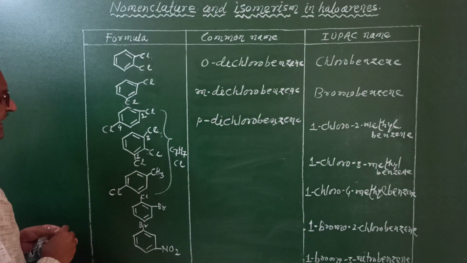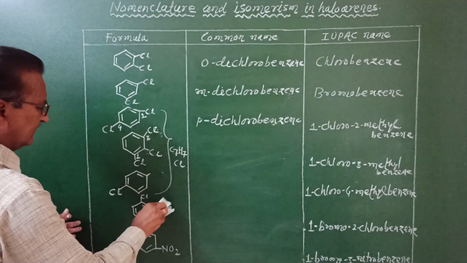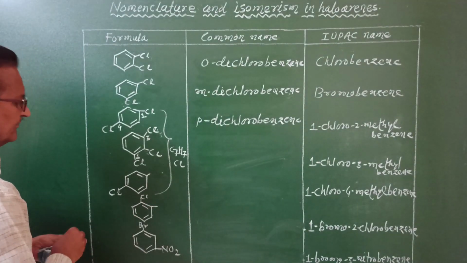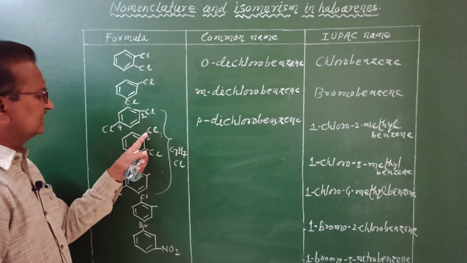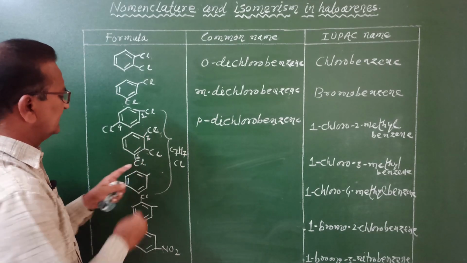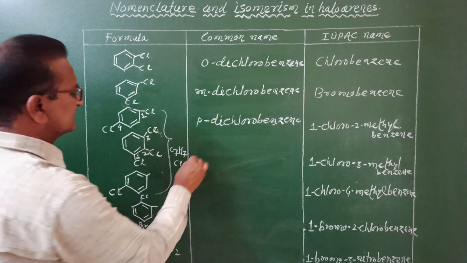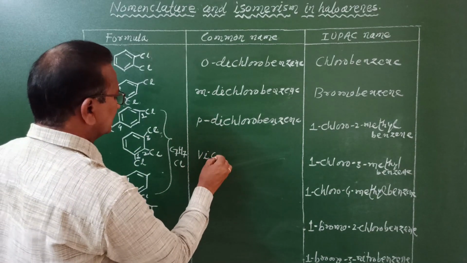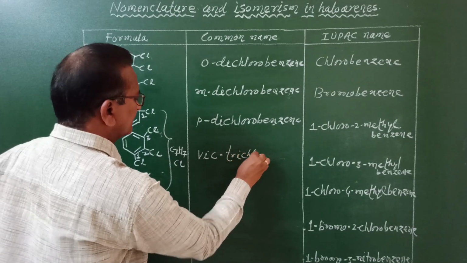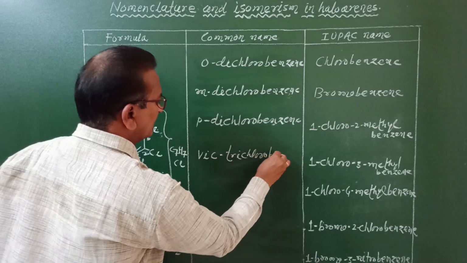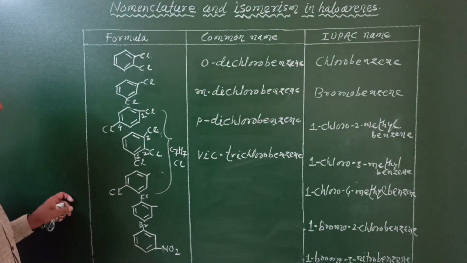In the case of trihaloarenes or trichlorobenzene, if 3 positions are adjacent to each other, if substituents are present at 1, 2 and 3 positions, then this is referred to as vicinal trichlorobenzene.